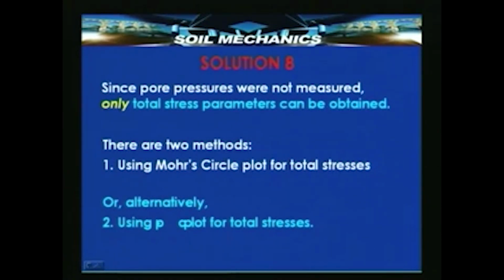To determine the total stress parameters today, we will see two methods. One is of course the Mohr circle plot, about which we had talked earlier for a long time. Another is the so-called p-q plot, and both of them can be used for determining the total stress parameters.